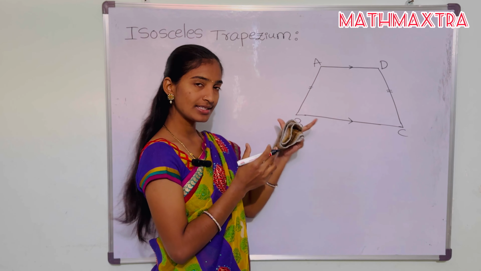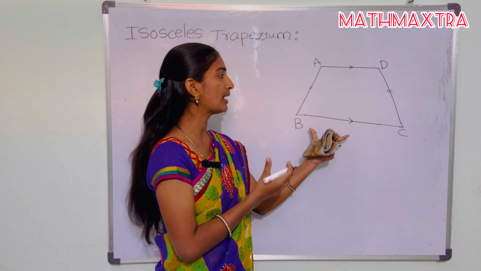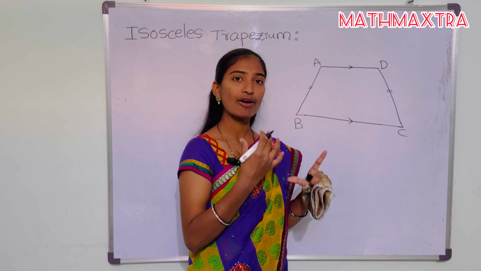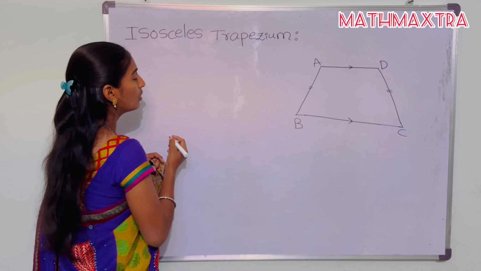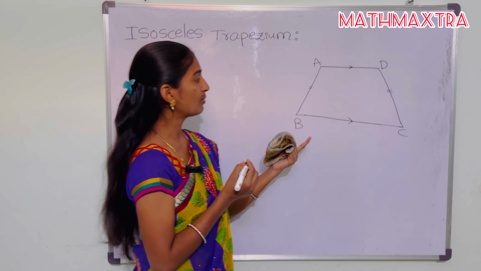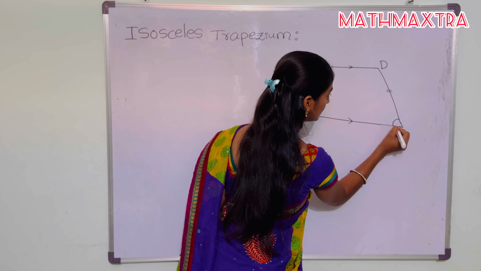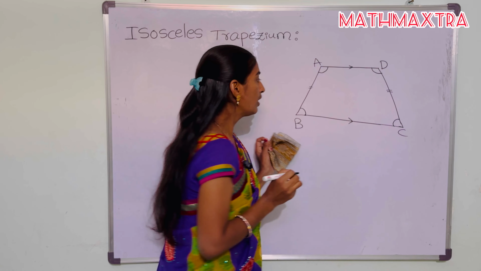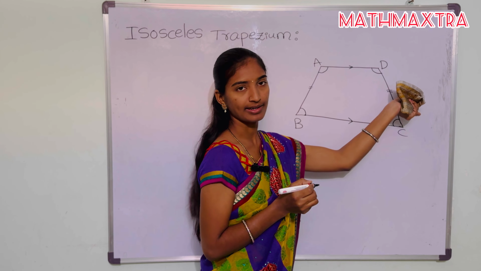As this is a trapezium, all the properties of a trapezium are also applicable to an isosceles trapezium. Along with them, we have some more properties especially for this. So what is the property of an isosceles trapezium? See, these are the internal angles of a trapezium. These are parallel sides and these are non-parallel sides.